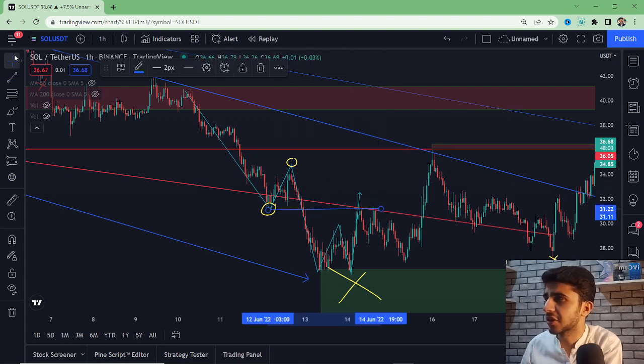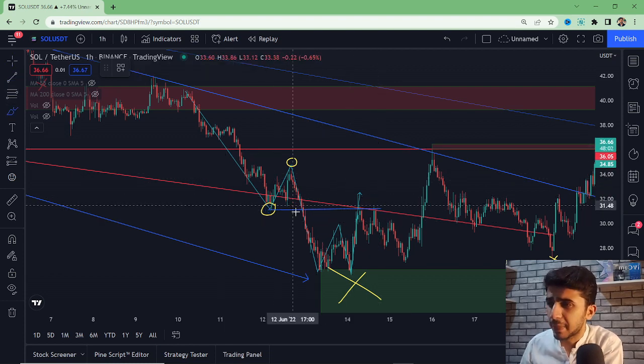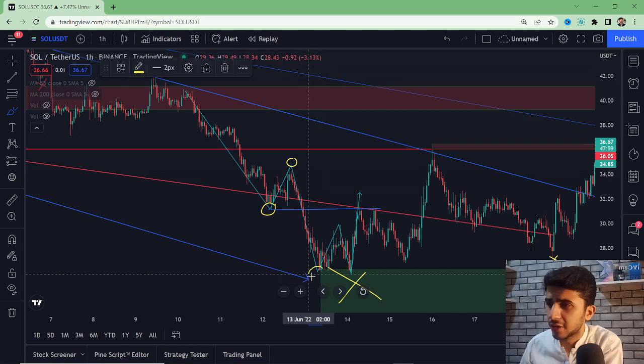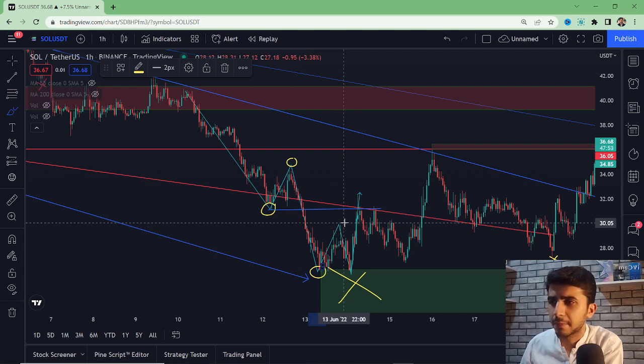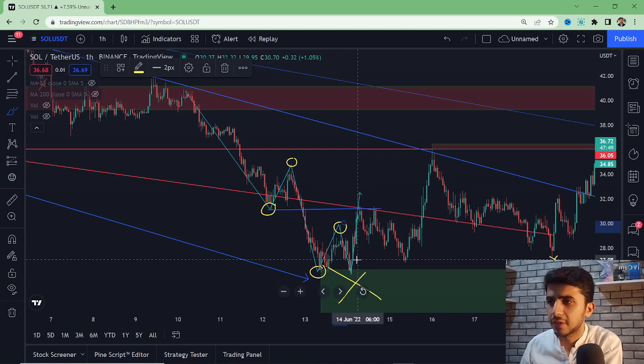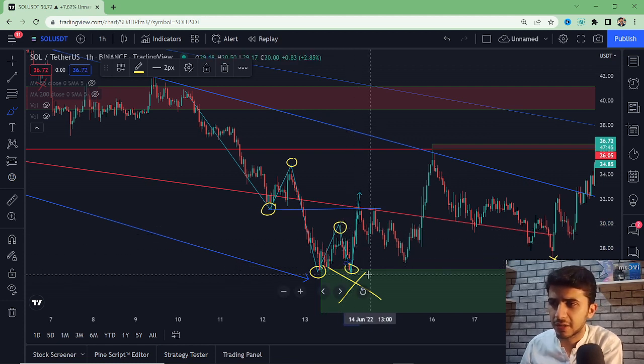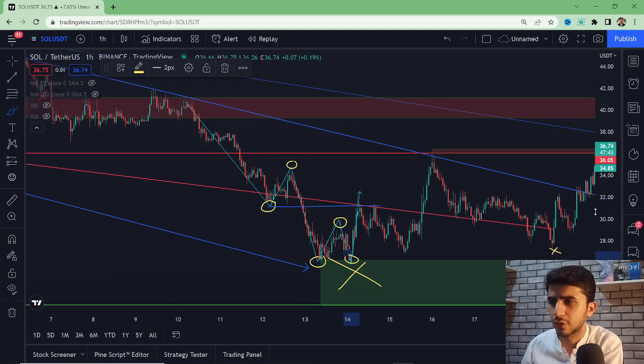You created this structure, then went back down further. The institutions bought it here once again. You got back up to this place, and then they dipped it once again, but this was a good support level. This was a good order block, I would say.